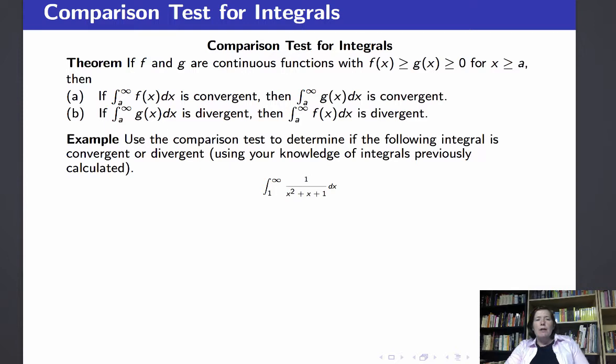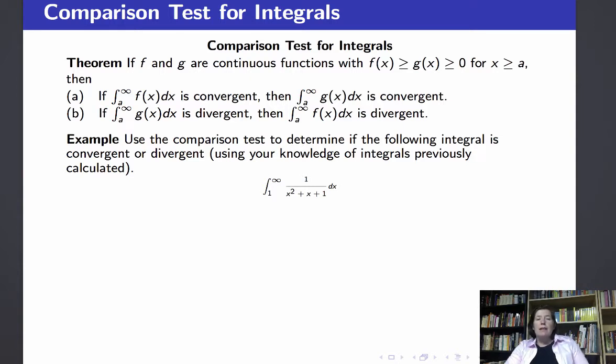And remember, saying that something is convergent means that this integral is finite. So if you have the integral from a to infinity of g of x, which must be bigger than or equal to 0, is less than or equal to something finite, then it must be finite itself. So this makes logical sense.